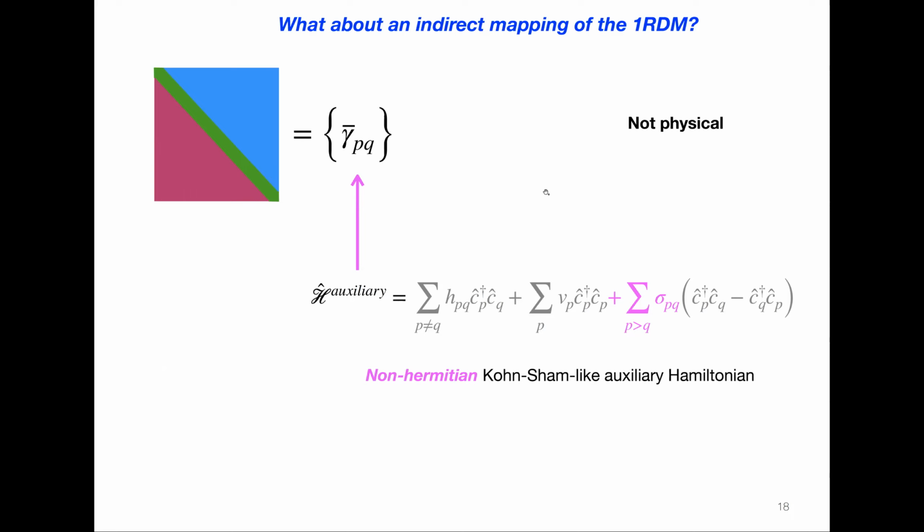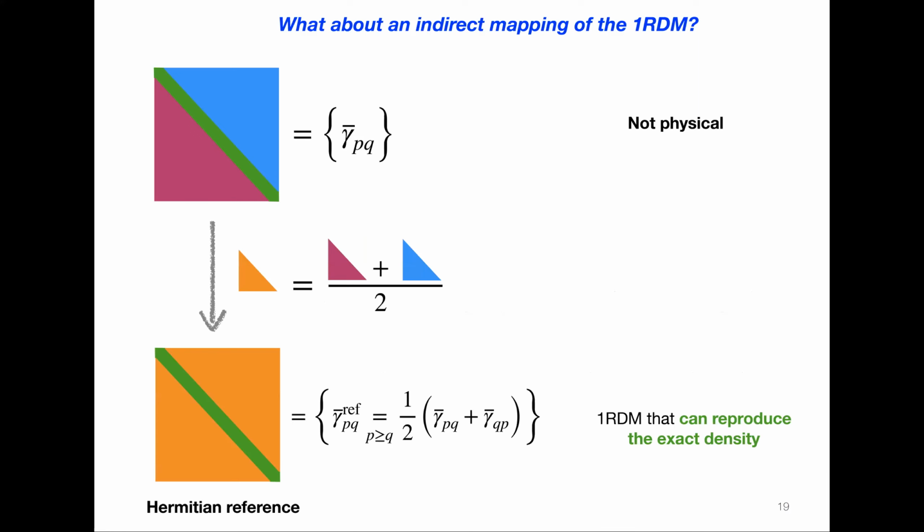The question is, how can I relate this to the true system? I've been trying to think about some kind of ansatz, or how we could benefit from that. Well, the first thing I could do is just try to symmetrize that non-Hermitian density matrix. If you do this, obviously, you lose lots of information. The only thing that will be preserved is, of course, the density, so the diagonal elements of the density matrix.